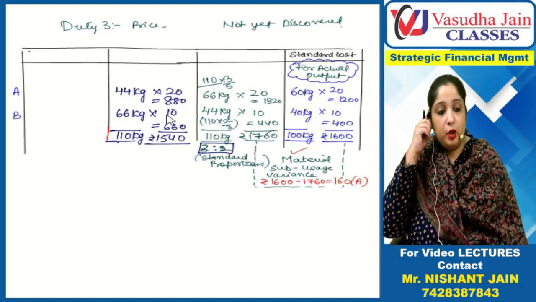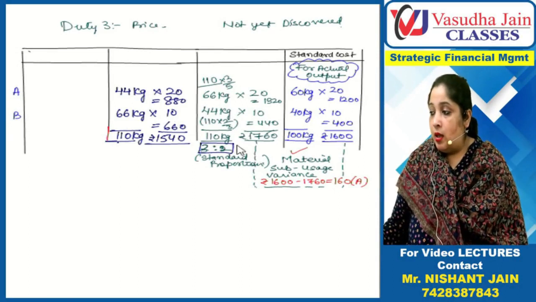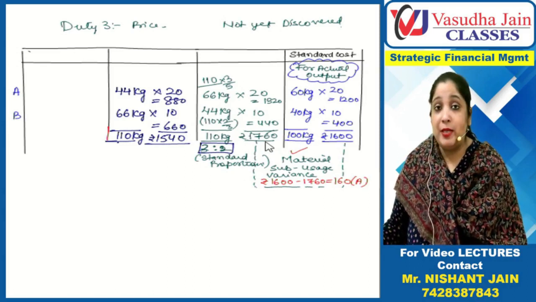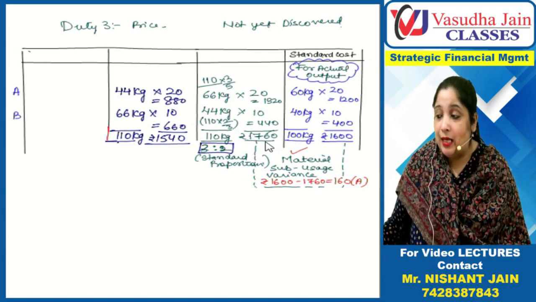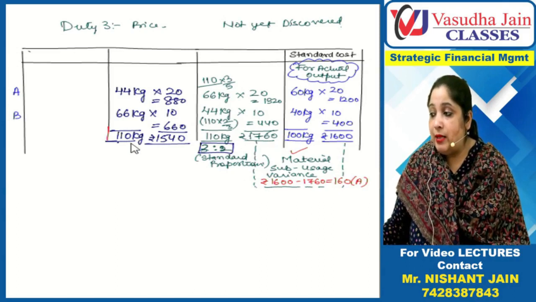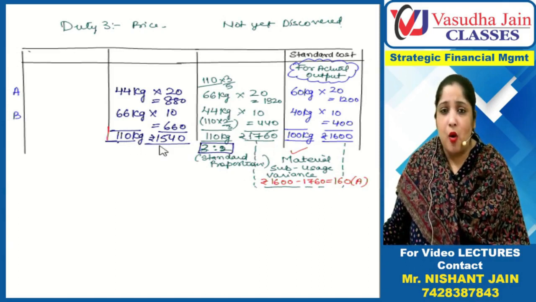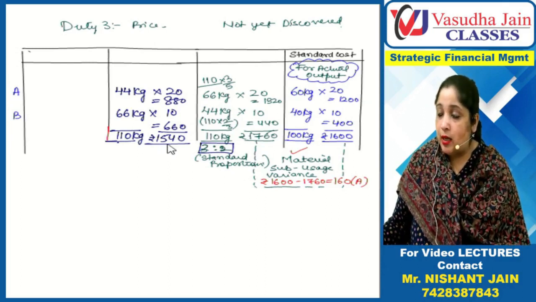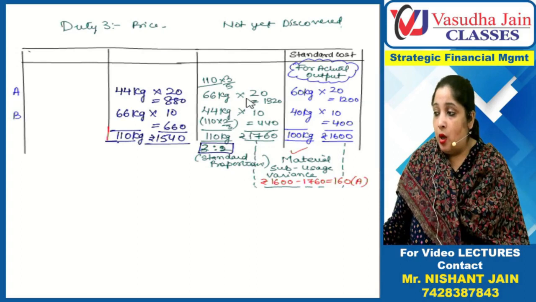Now this 1540 rupees, can you see, if the proportion was correct, the cost would have been 1760. But after acknowledging the second mistake, the cost has decreased. Why has the cost decreased? It is favorable because in actual, the cost incurred is less.